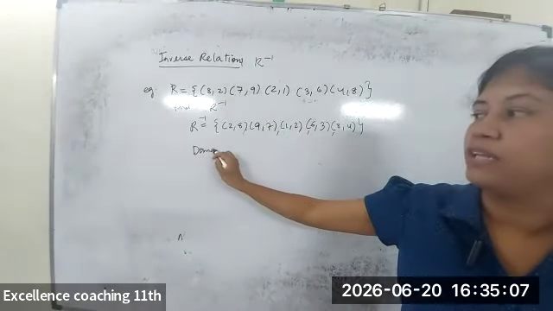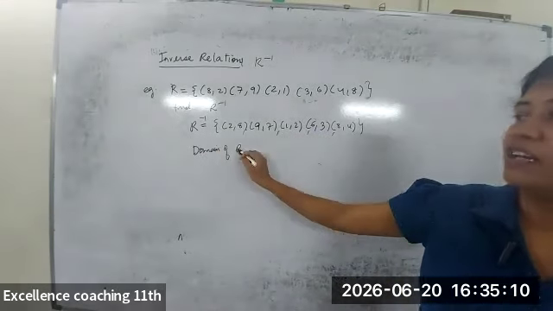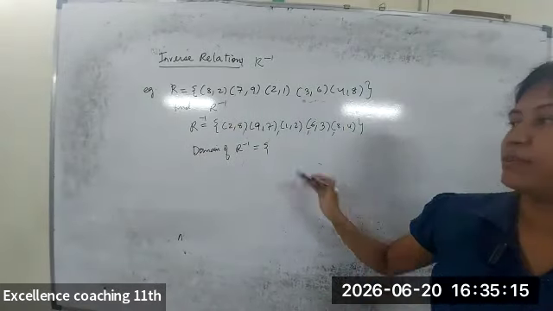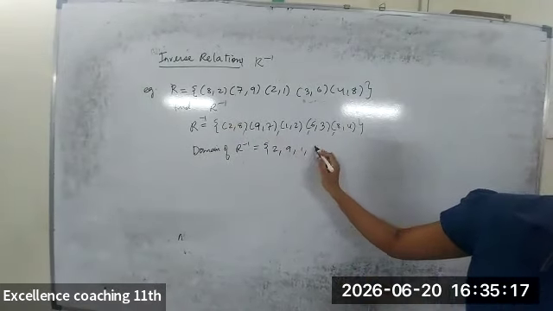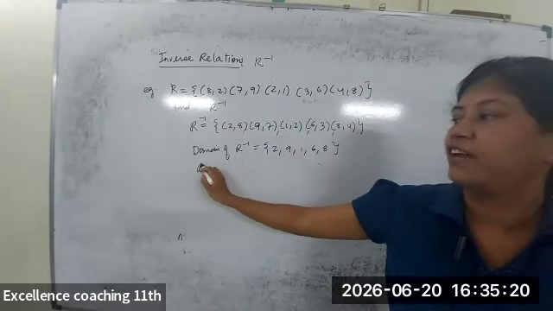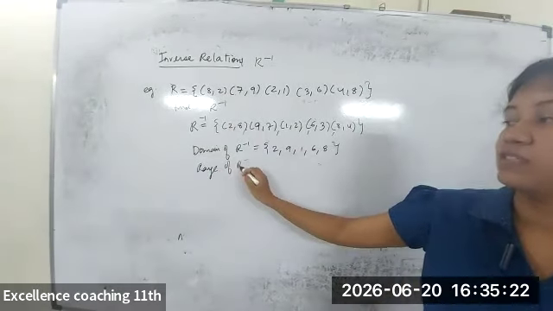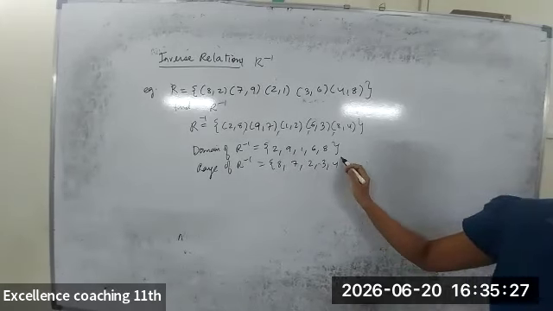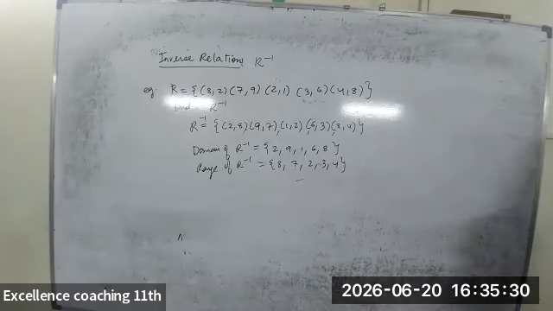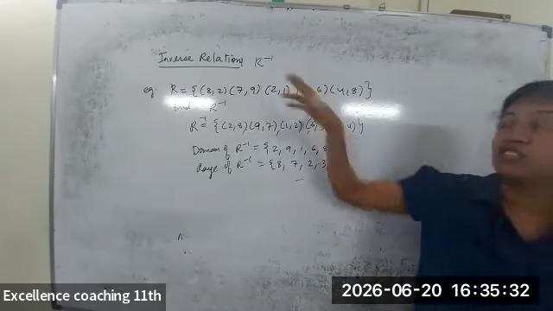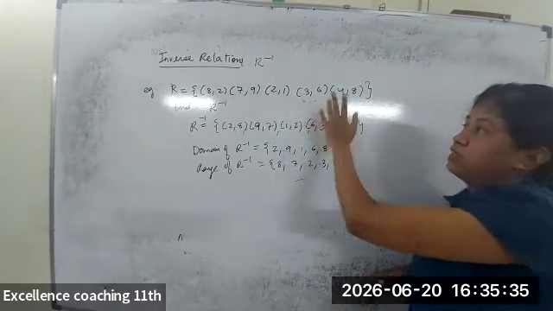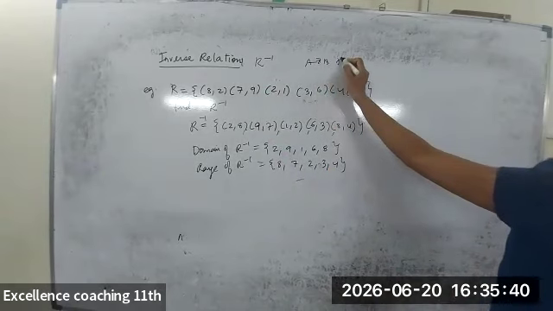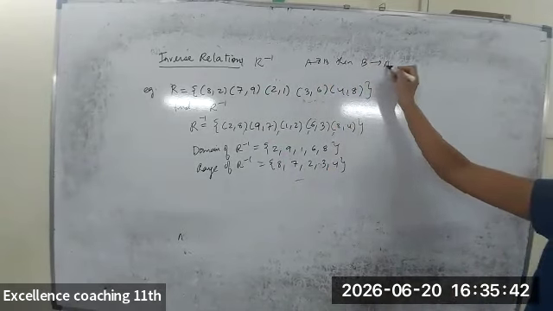Now, domain of R inverse will be ulta, which was the range of R. So exchange it: 2, 9, 1, 6, and 8. And range of R inverse will be 8, 7, 2. So inverse relation basically means ulta. If A is going to B, then it will be B to A in reverse.